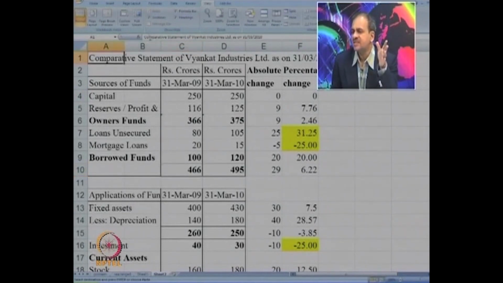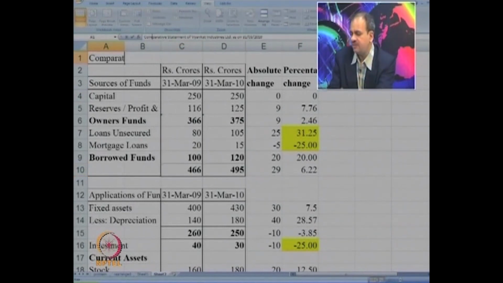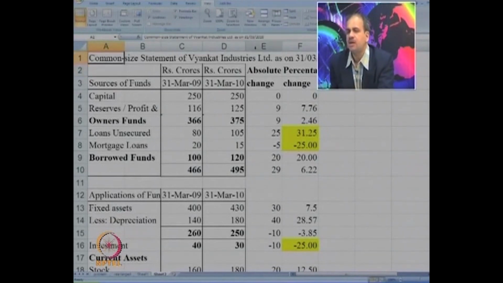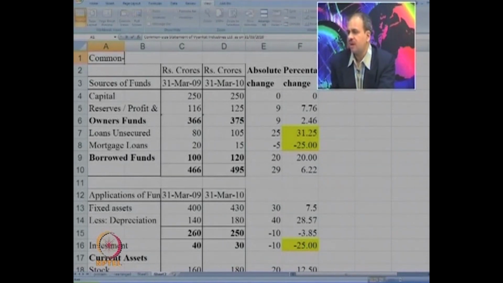Then it is known as common size statement. Let us try to make it. Again, my request is you try to solve it with me so that you really understand. So, we are now making a common size statement as on both 31st March 2009 and 10.